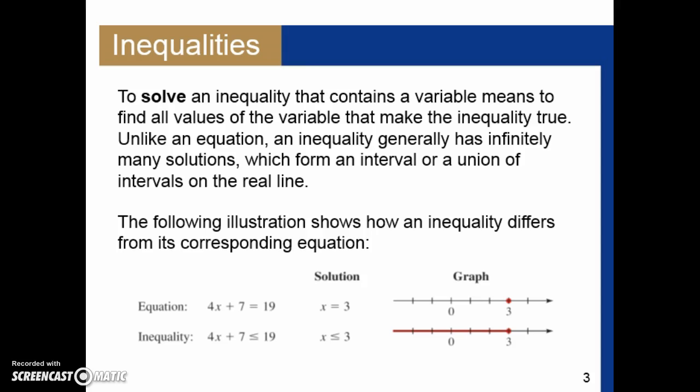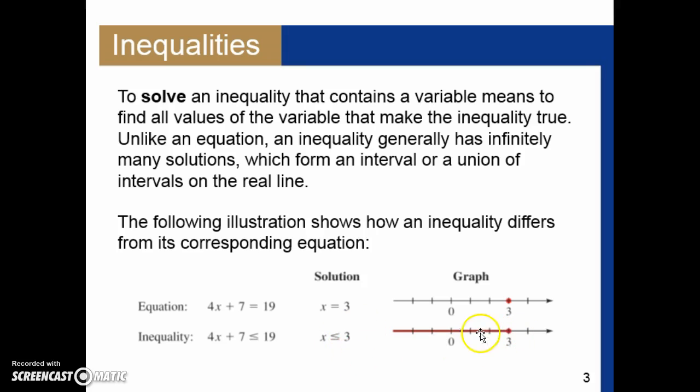So to solve an inequality that contains a variable means to find all the values of that variable, just like it did for linear equations, just like it did for quadratic equations. But unlike an equation, an inequality has infinitely many solutions. Usually, instead of an equal sign, we have an inequality sign.